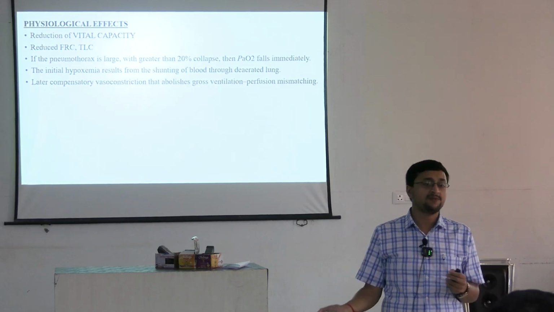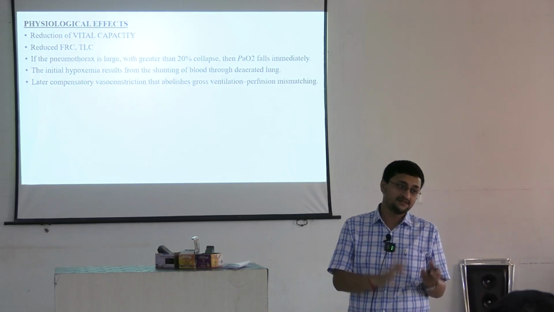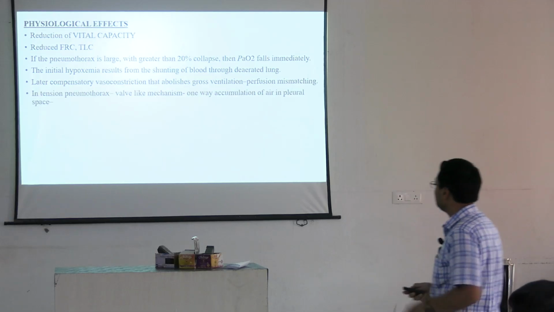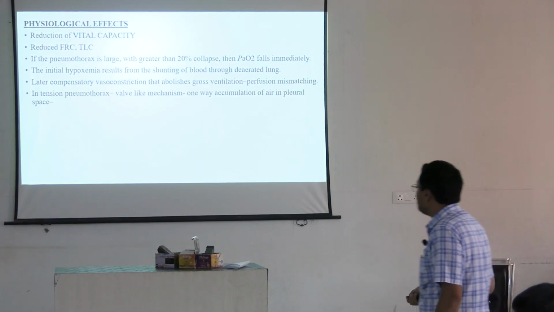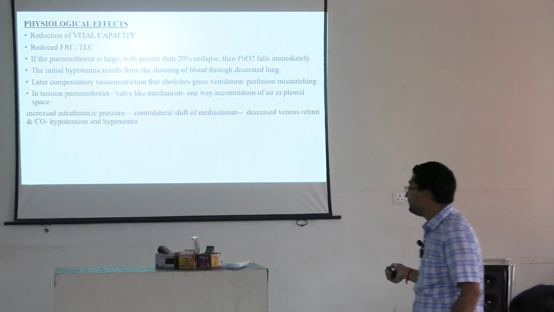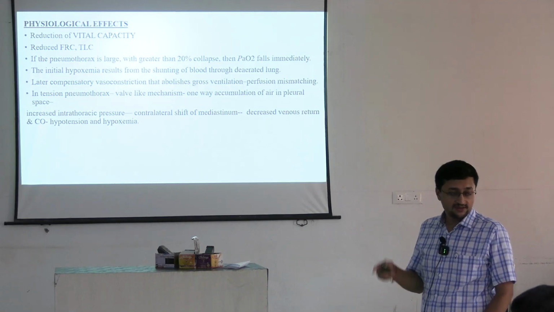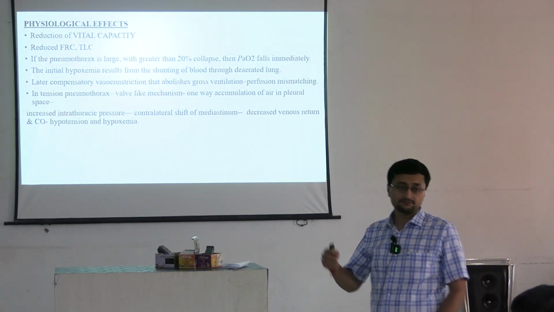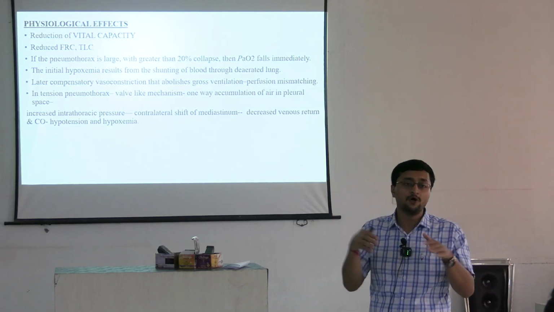Okay, but in case of primary spontaneous pneumothorax, the patient may be asymptomatic. This is the reason. And as I have already mentioned, in tension pneumothorax, there is a valve-like mechanism, one-way communication. In inspiration, there is indrawing of the air, but in expiration, the flap will block the passage.